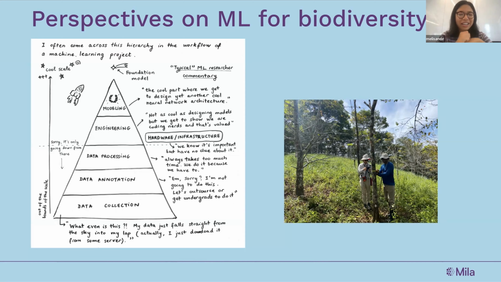And I don't know if any of you is a machine learning scientist specifically, but I really believe that when we work on applications for biodiversity, it's really important, if we can, to actually go on the field, because there's so much that happens there that you will never realize if you just receive the data from downloading it from a server.